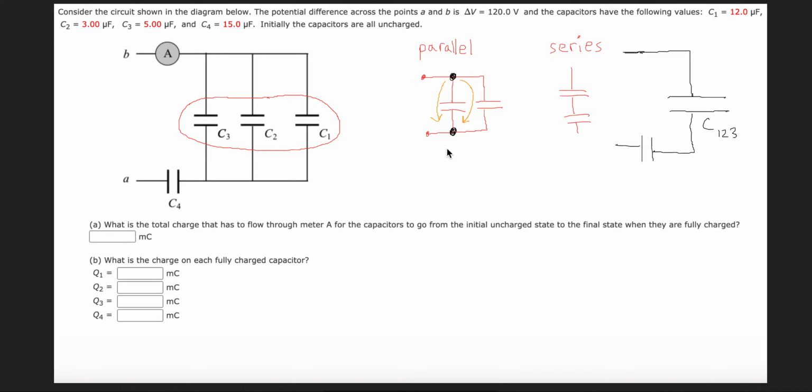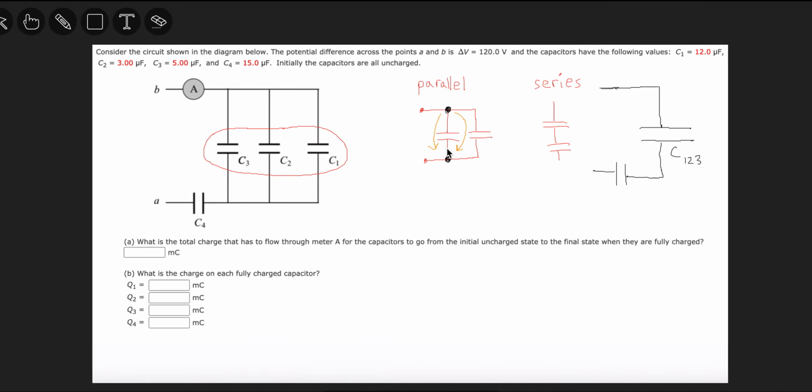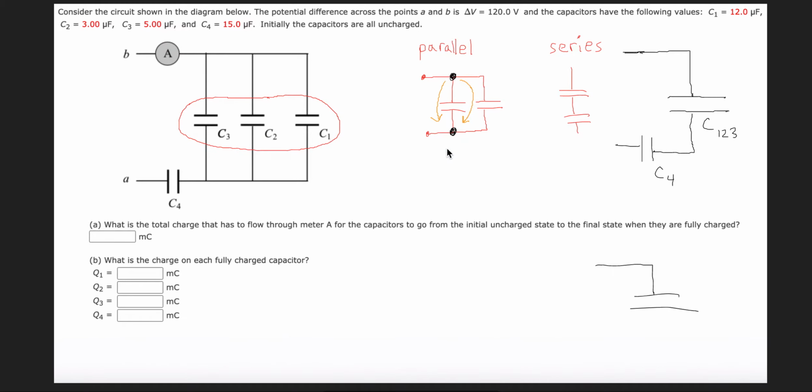Then we'll recognize that these are now in series, so we can combine them into one single capacitor. And this one, once we get down to the very end, is called CEQ, an equivalent capacitor for the whole circuit. So it's a step-by-step process.